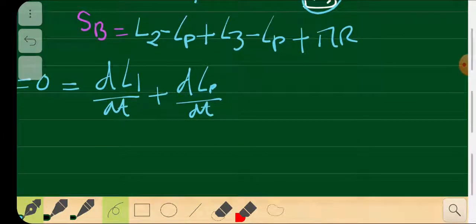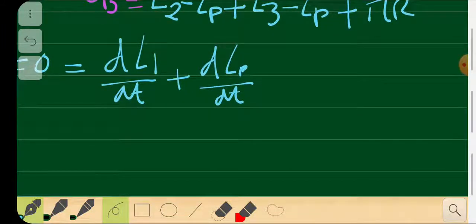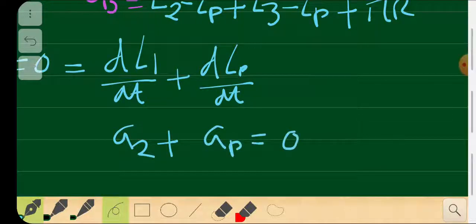So you can say that the time rate of change of length, a1 plus aP, must be equal to 0. That's the equation that we can take out of that.